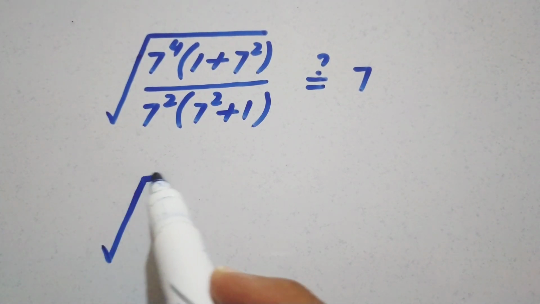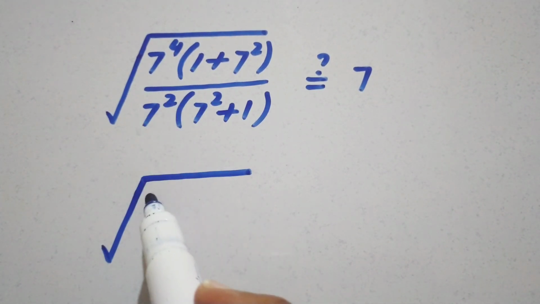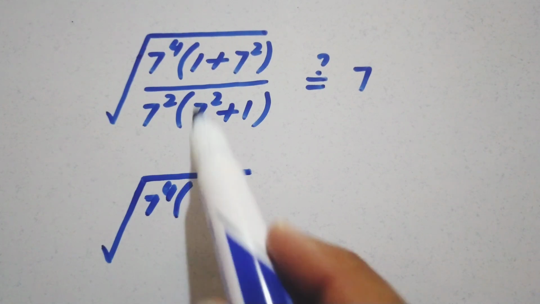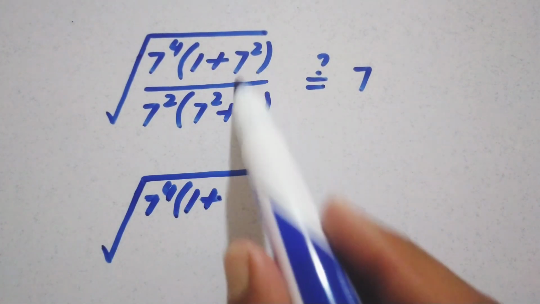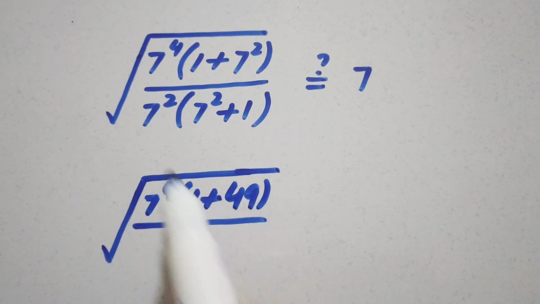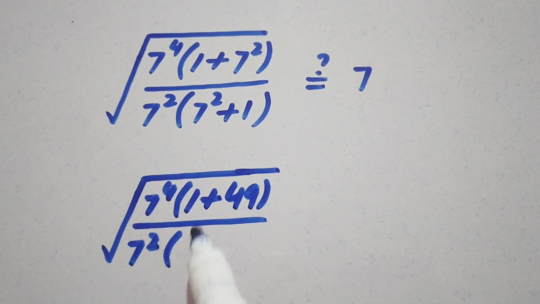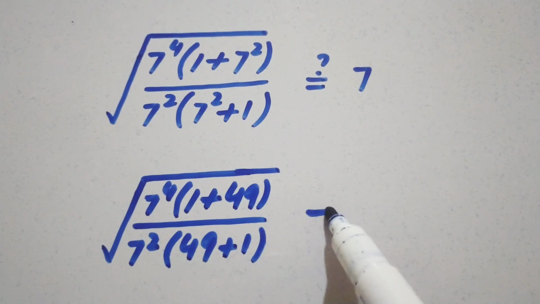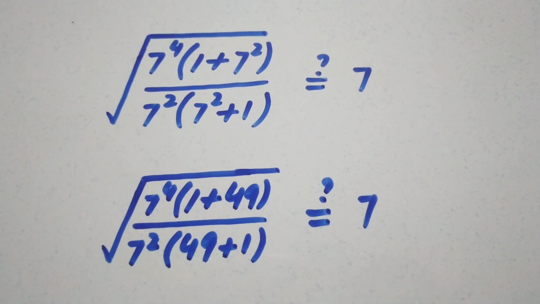Now square root of 7^4 into (1 plus 7 squared, which is 49), divide by 7 squared into (7 squared, which is 49, plus 1), is equal or not equal to 7.